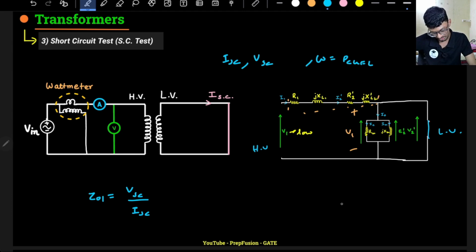Also I know this: if my Z01 is here, then my R01 will be here, that is R1 plus R2 dash, and my XL will be somewhere here, right?